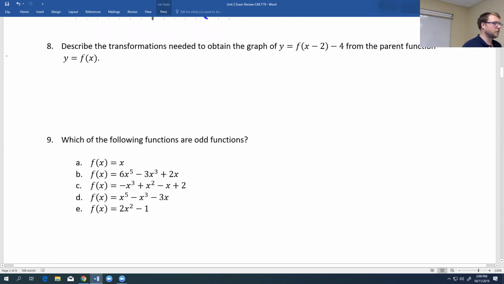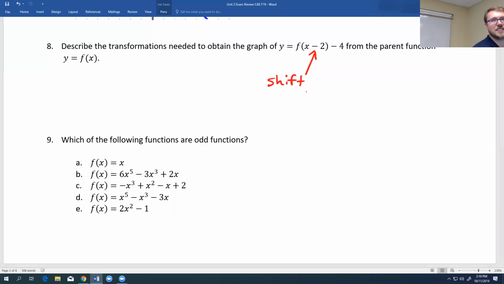All right, describe the transformations needed to obtain the graph of f of x minus 2, minus 4 from the parent function, f of x. So what's that -2 inside do? Which way? Left or right? I'll give you a hint. Isn't it opposite?